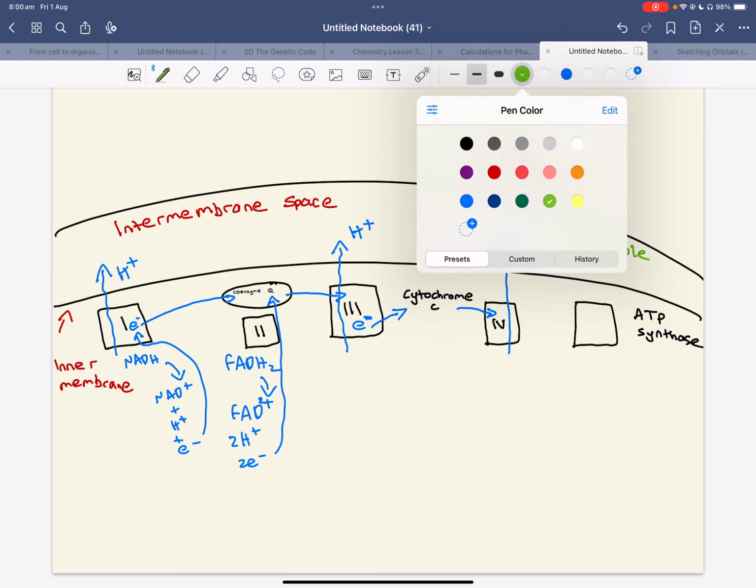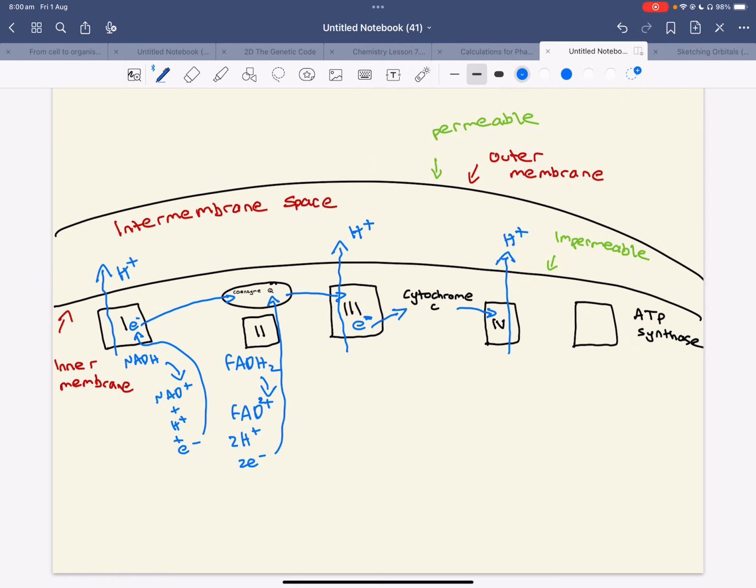Okay? Now what's going to happen with these electrons that are still present in complex 4? We have to get rid of them, because otherwise it can't continue building up. The chain needs to keep moving along. So what happens is, oxygen comes along and acts as the final electron acceptor.